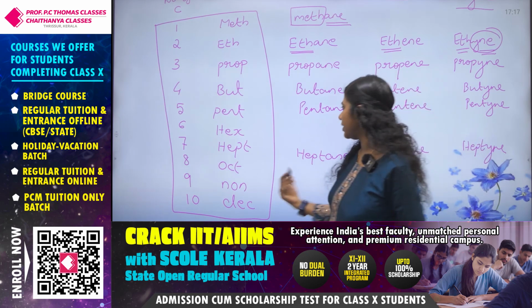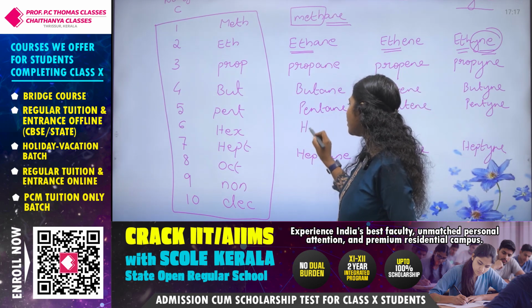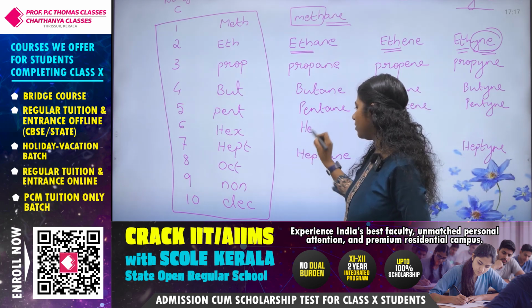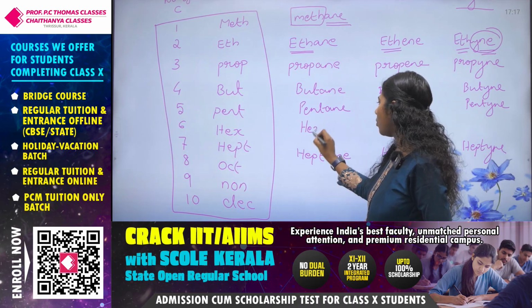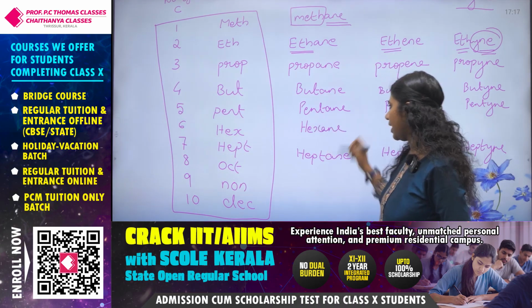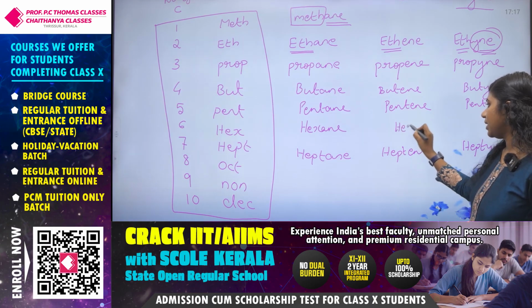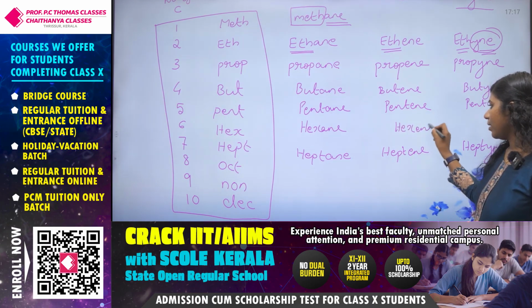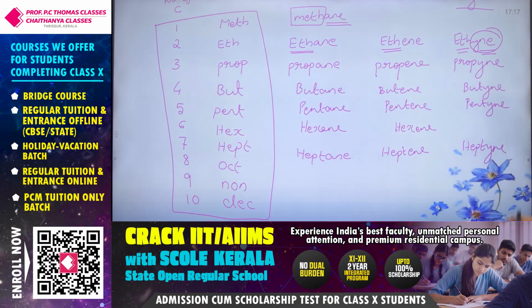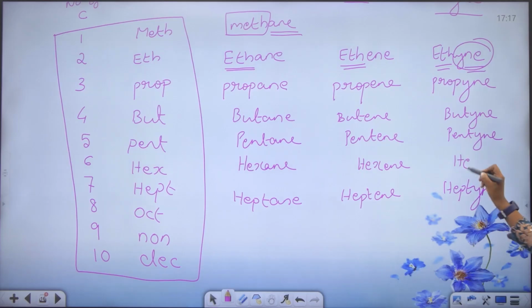And the total number of carbon atoms is 6. The word root is hex, all carbon-carbon bonds are single bonds and the compound name is hexane. Any one of the bonds a double bond, it's an alkene, hexene. Any one a triple bond, hexyne.